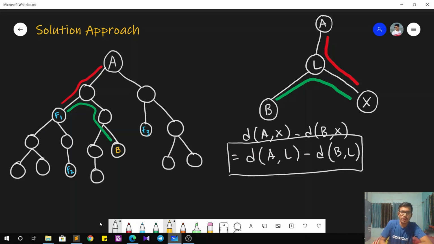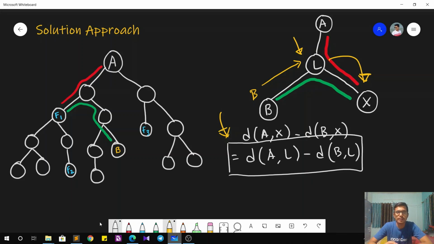So for any node, say B, L is some ancestor of B such that it has a special node in its subtree. Now there can be many such options for L. So which one should we choose so that our expression is maximized?